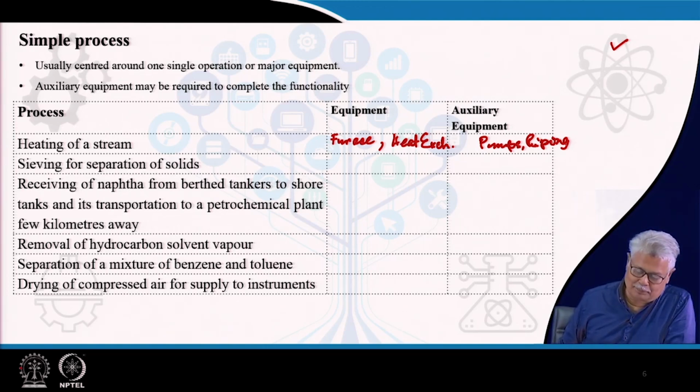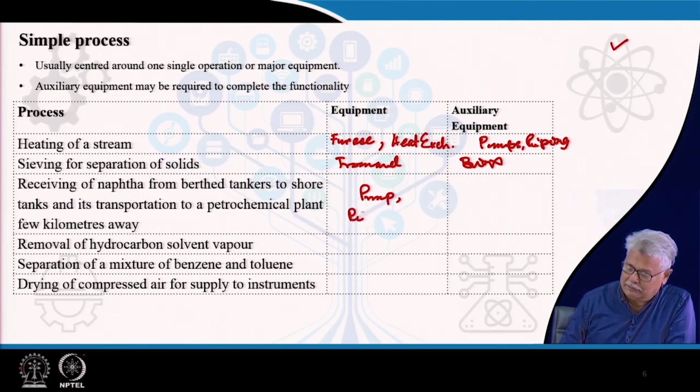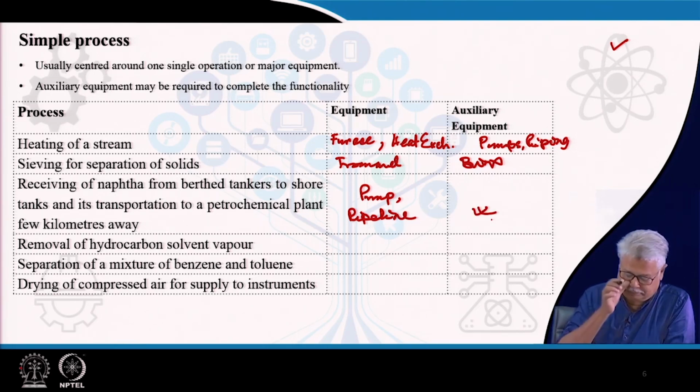auxiliary equipment. The sieving for the separation of solids perhaps will involve a trommel, but it will also involve certain bins for storage. Receiving for naphtha will require pump, it will involve pipeline, and it will also have a lot of instrumentation involved.